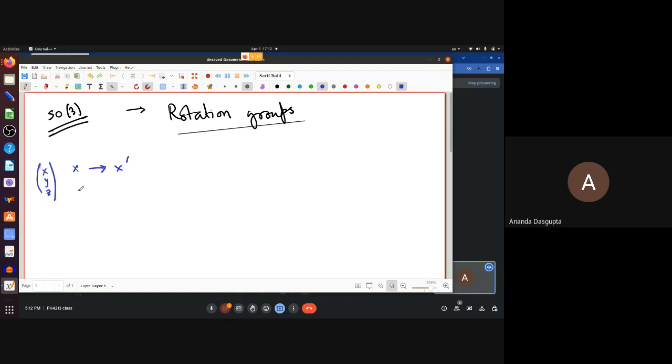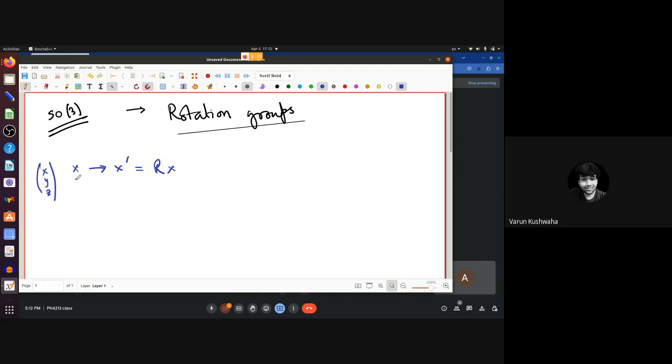We have to choose one, we are using the passive version. So the coordinates x, when you rotate your coordinate system, become a new bunch of coordinates x prime. And that, of course, is linearly related to the old bunch, and you can always write that as a matrix R times x. Right? So far, any problems?